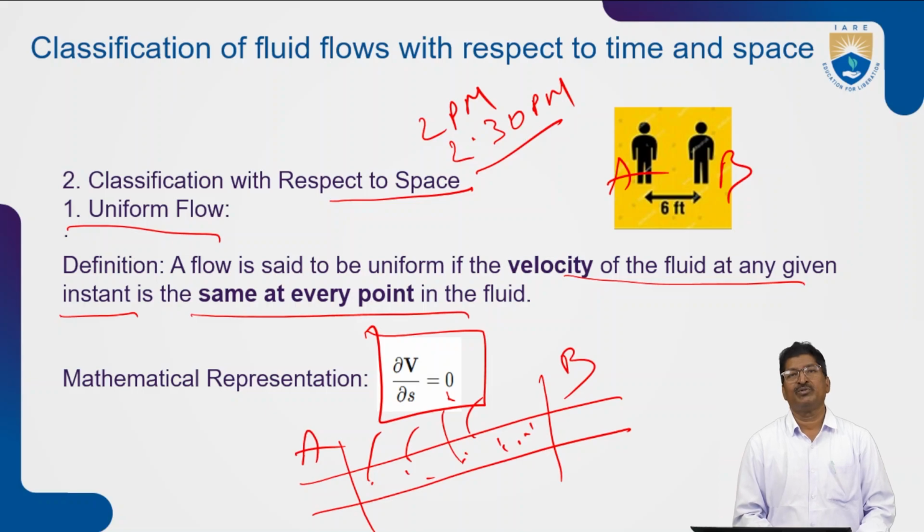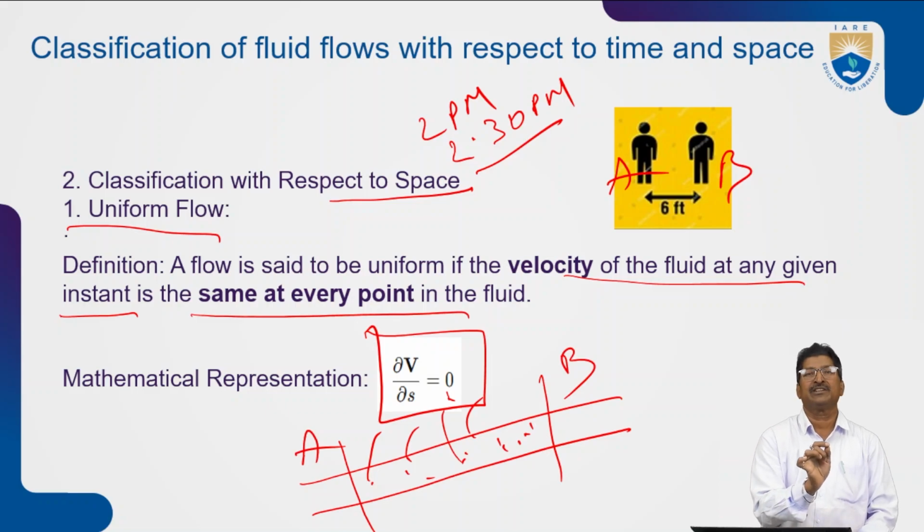That means ∂V/∂S is equal to 0. Whereas non-uniform flow is very opposite. So ∂V/∂S is not equal to 0. That means the velocity is not the same at different points at a given point of time.